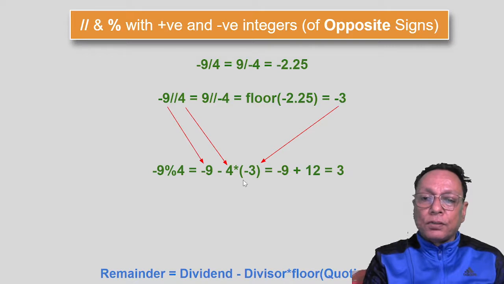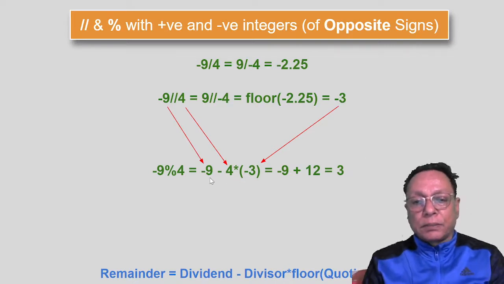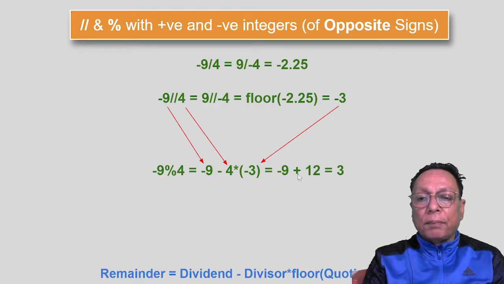When you calculate this expression, minus 9 minus 4 into minus 3 is minus 9 plus 12, so the remainder will be 3.